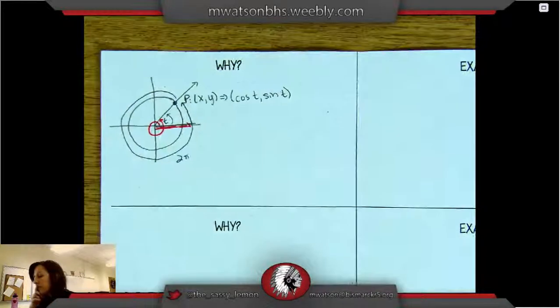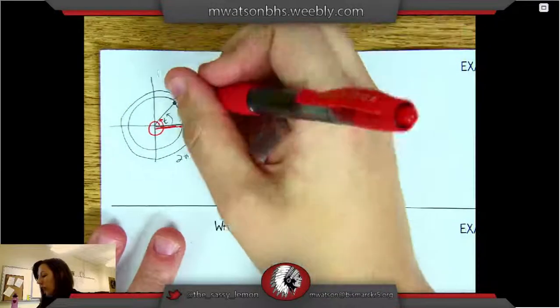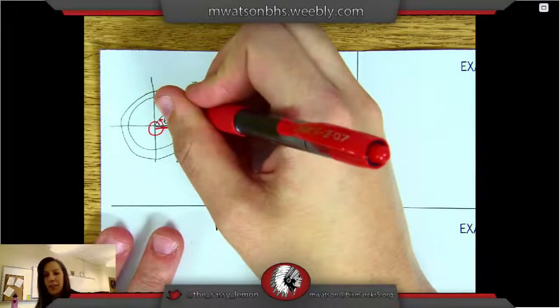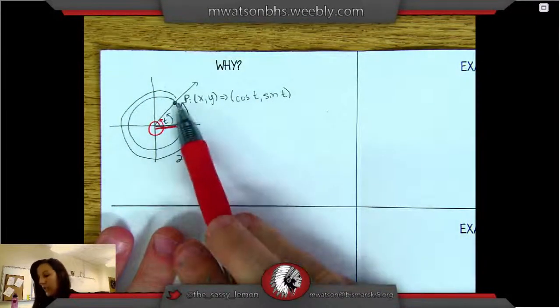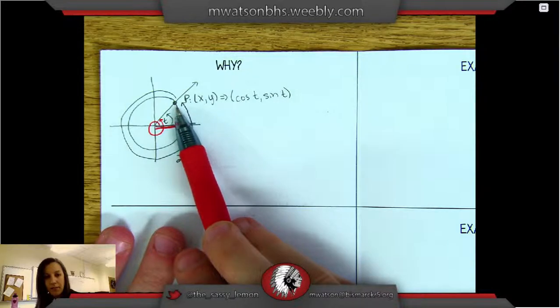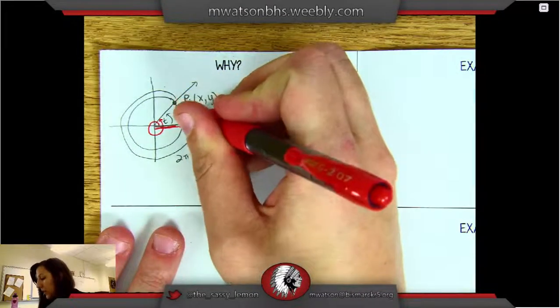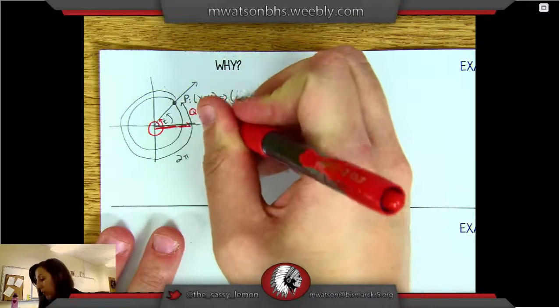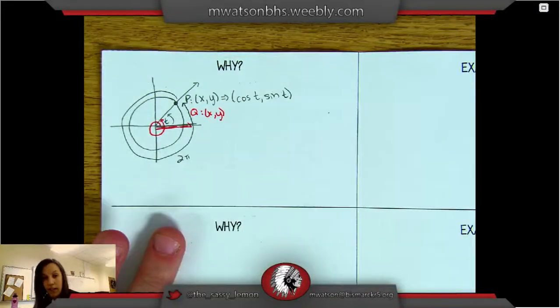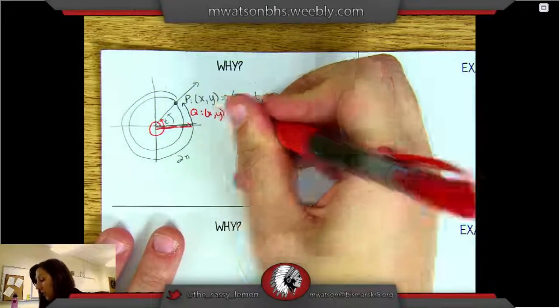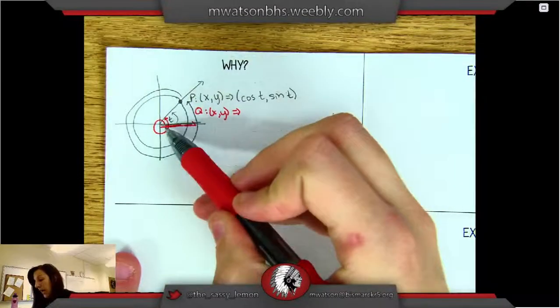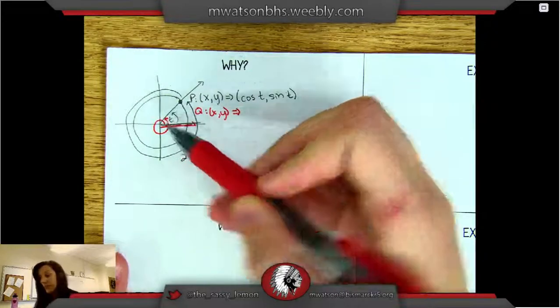Okay. So we ended up on the same point again. I'm pointing to it, but we ended up on the same point again. So this time let's call it Q, but it's still the same point. Okay, it's still x comma y. But to get to Q, our angle was 2 pi plus t.